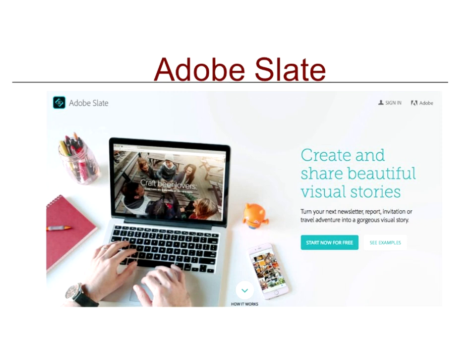Okay, so now Adobe Slate essentially does the same thing as Adobe Voice does, but instead of creating a little video, it creates a beautiful web page that shows up really well on mobile devices. It's the same as Adobe Voice in the sense that all the different themes and backgrounds are built into it.